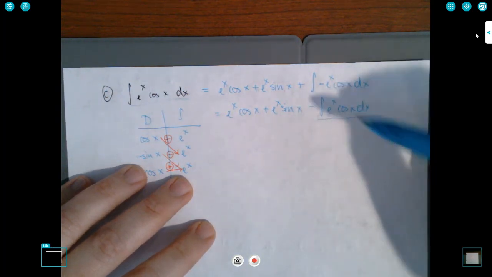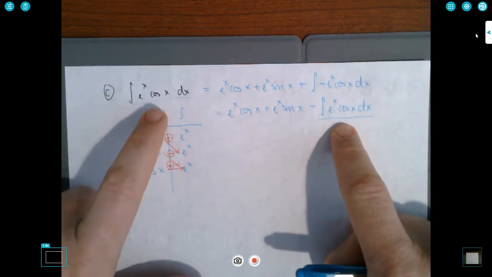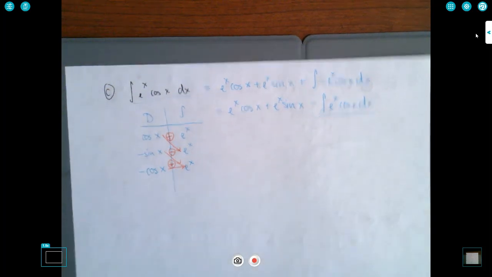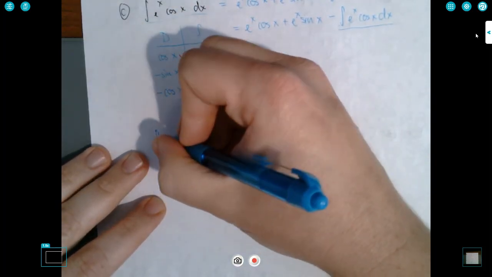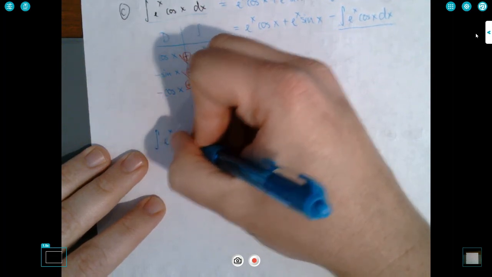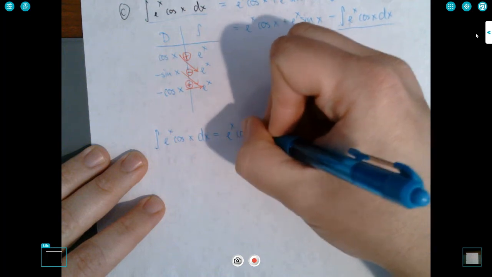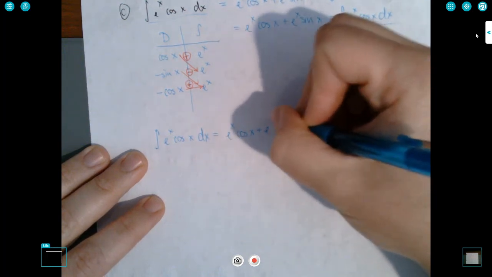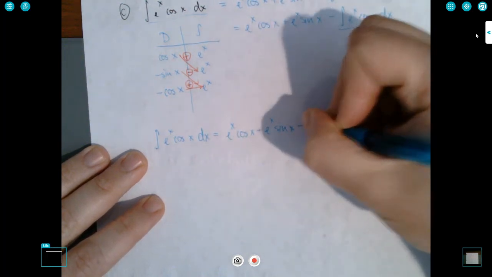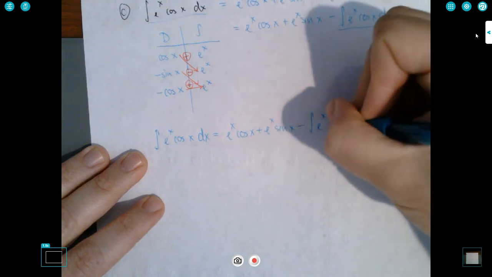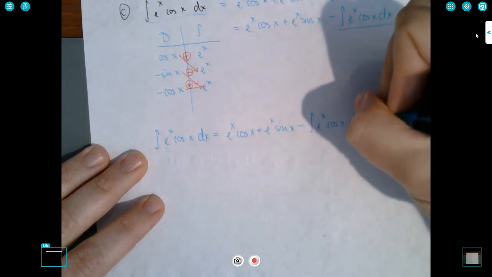So what I can do is I can add this to the other side. In fact, let me kind of write it out like this. So I'm going to rewrite it. So I've got the integral of e to the x cosine x dx equals e to the x cosine x plus e to the x sine x minus the integral of e to the x cosine x dx.